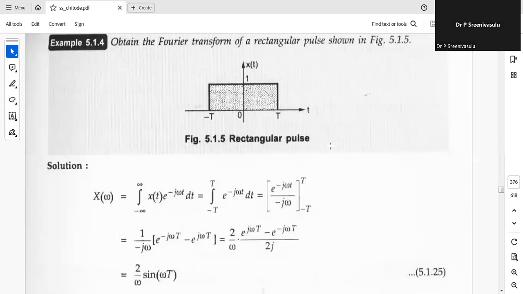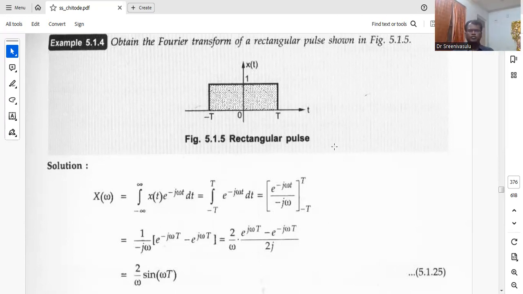The duration of the rectangular pulse is from minus T to plus T. In this duration, the amplitude of that rectangular pulse is 1. So the Fourier transform of x of t is X of omega.